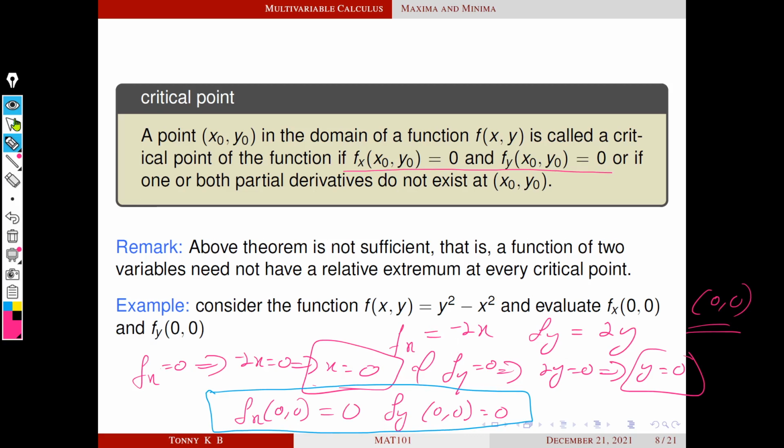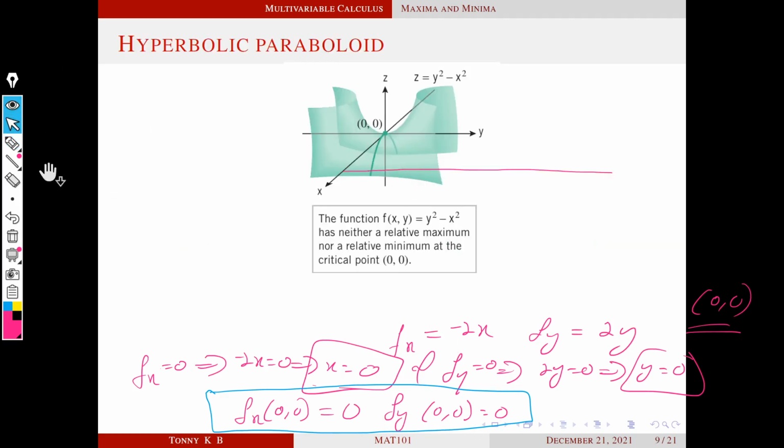Okay. Actually, the graph of this function is like this. This is the graph of this function. It is clear that this point is neither a relative maximum nor a relative minimum. Why? Because you think about a nearby point. You consider the nearby points for this (0, 0).